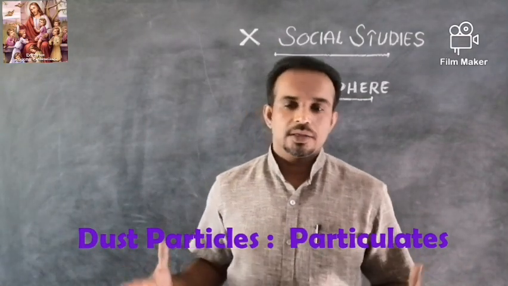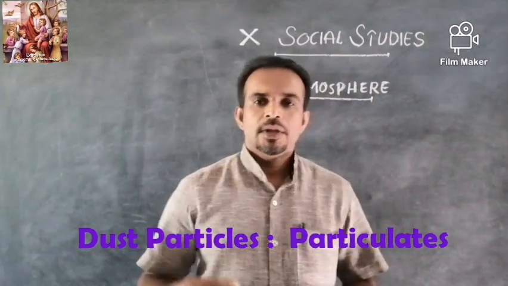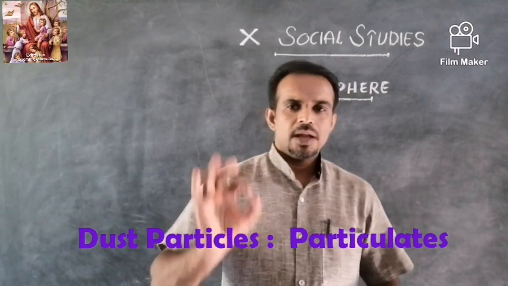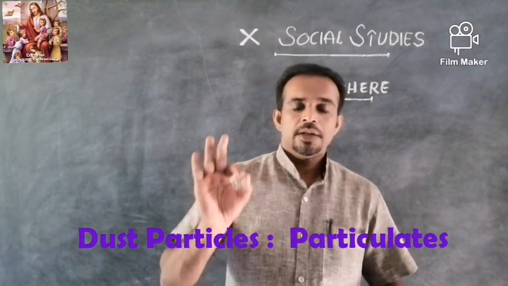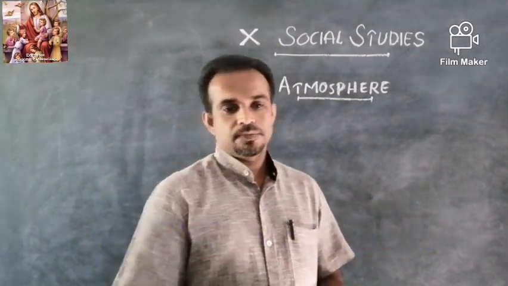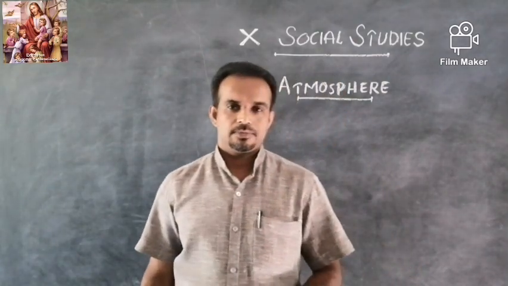When we are burning things, or digging the land for constructions, dust particles are contributed to the atmosphere. And the dust present in the atmosphere is called by a special name: particulates.